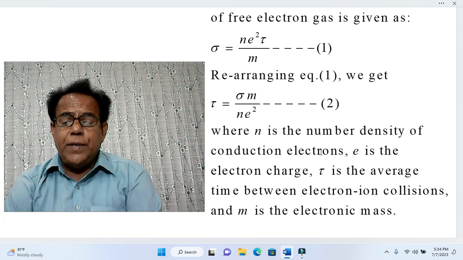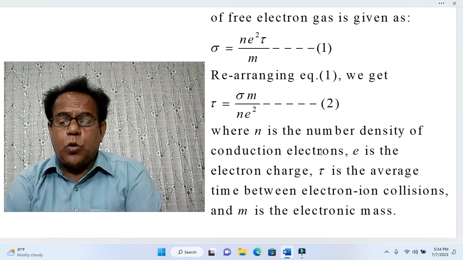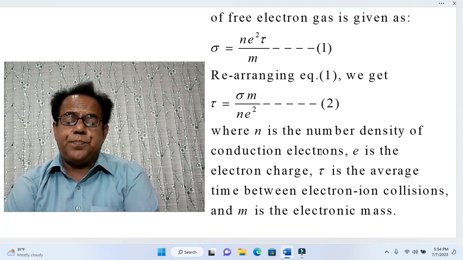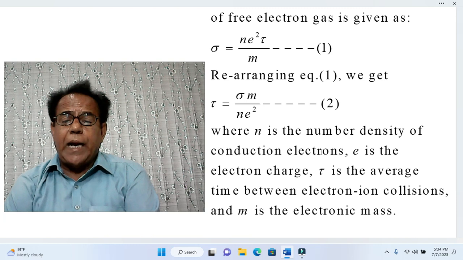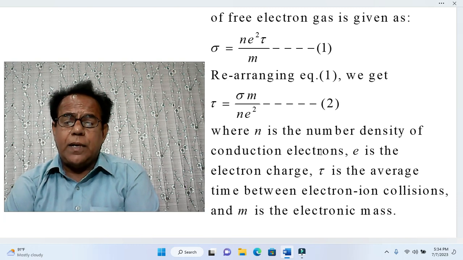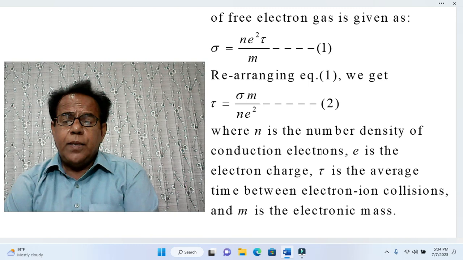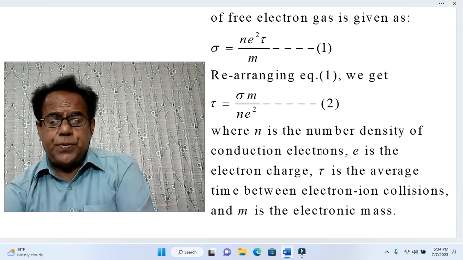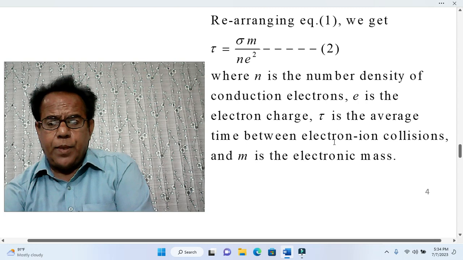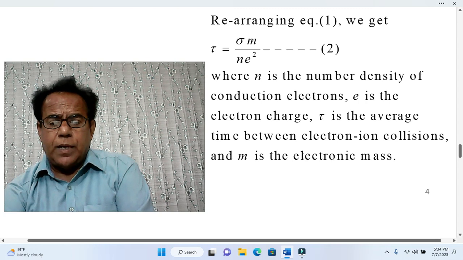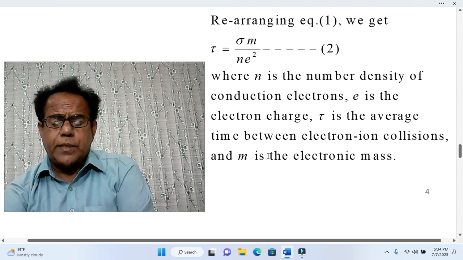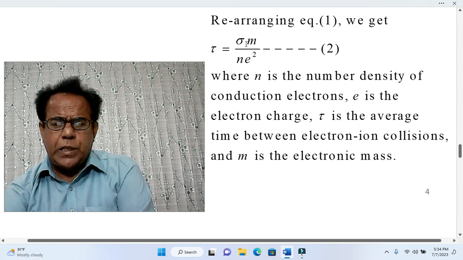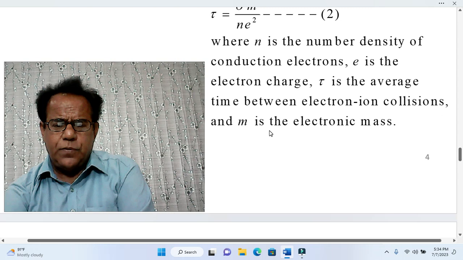Tau is the average time between electron-ion collisions, and we are going to determine this value of tau, while the remaining values are already given. And m is the electronic mass; for m we have also described a helping tool. Tau is going to be determined, the value of rho is given, and the value of n is also given.